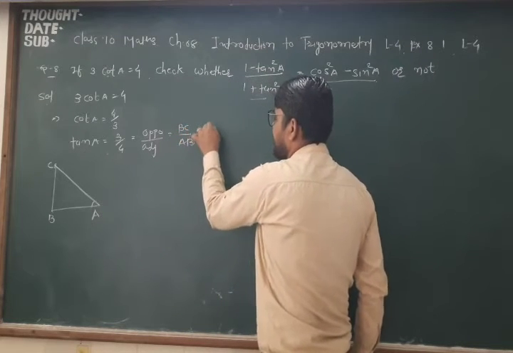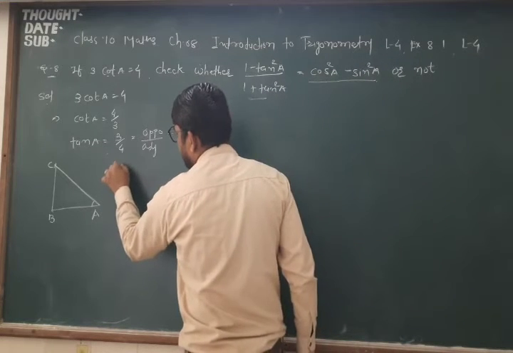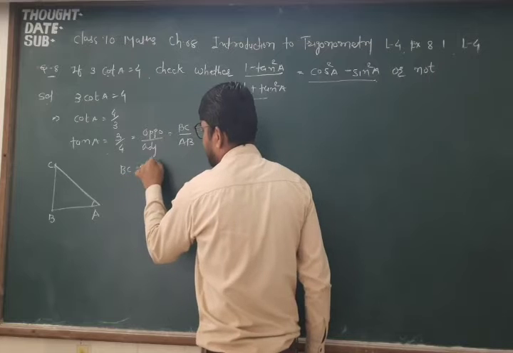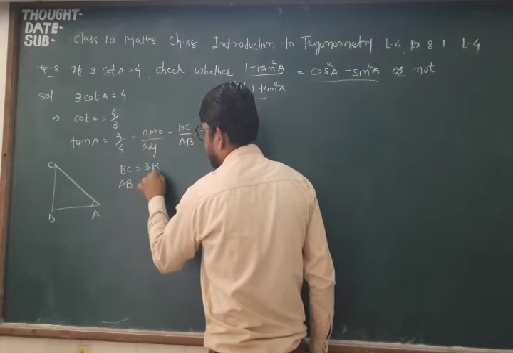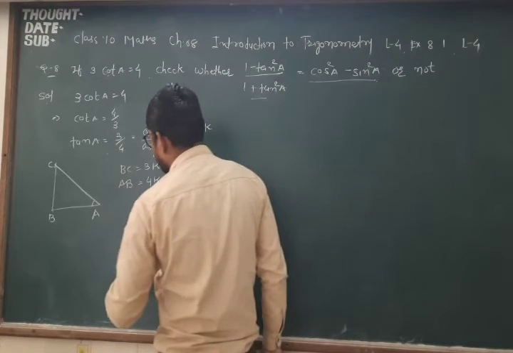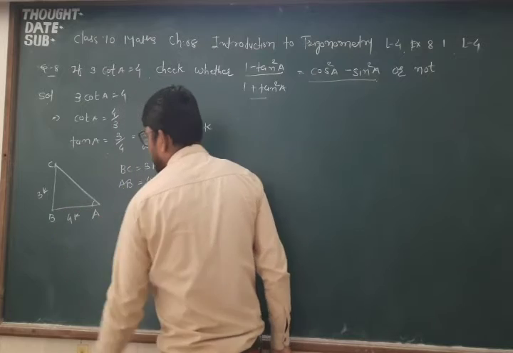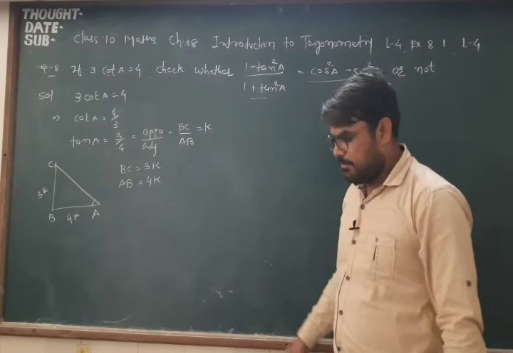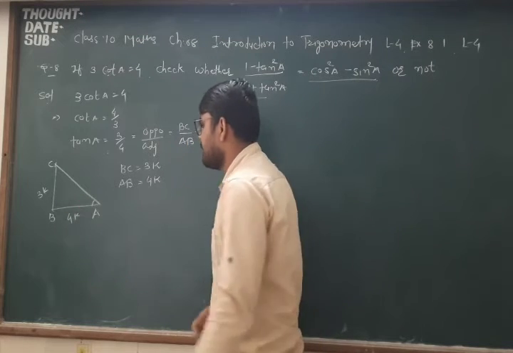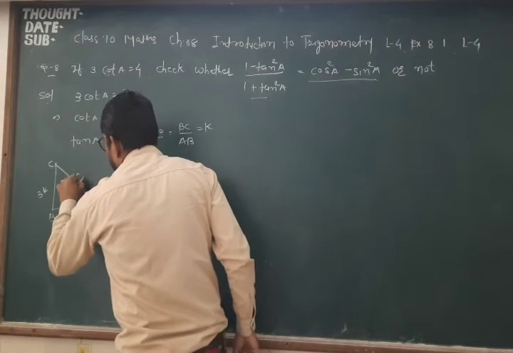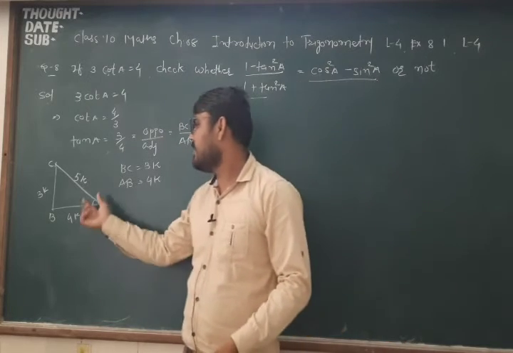Now suppose k as a constant. So what is the value of BC? That will be 3k. And what is AB? That will be 4k. So friends, whenever you use the Pythagoras theorem for this, you will get AC as 5k, because this is a Pythagorean triplet, 3, 4 and 5.